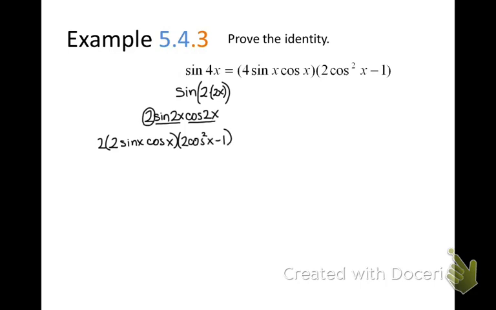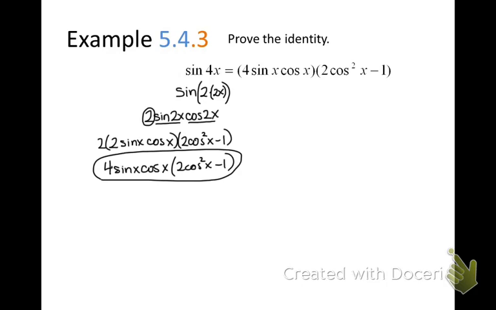And then your last step is simply just to multiply those two 2's together to get the 4 sine of x cosine of x times 2 cosine of x squared minus 1. And now we have the pieces that match. So much easier than the last one, right?